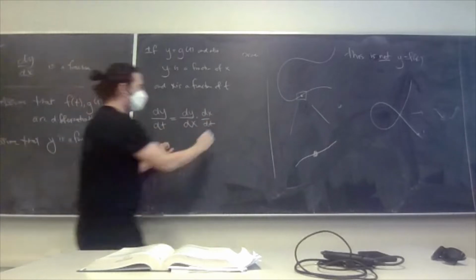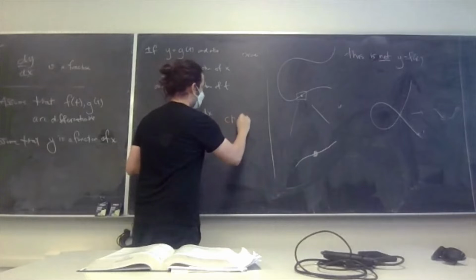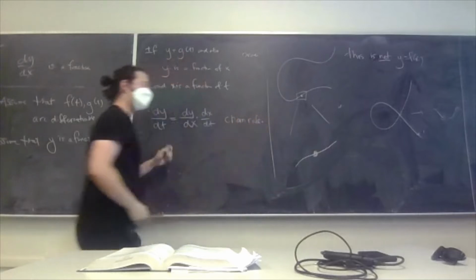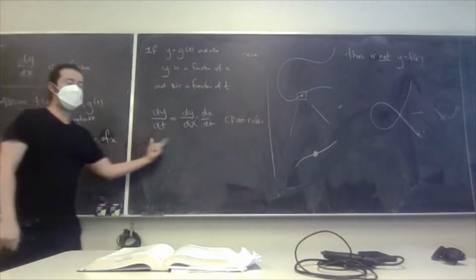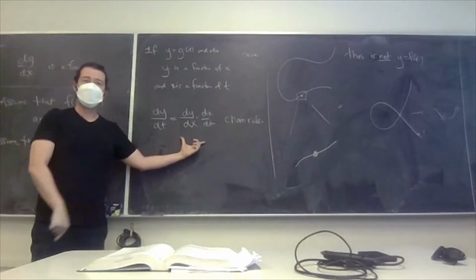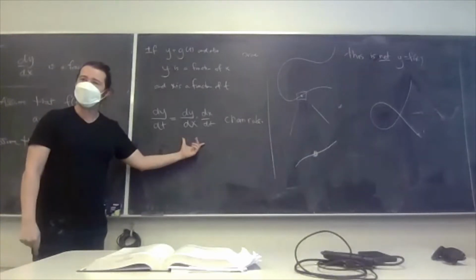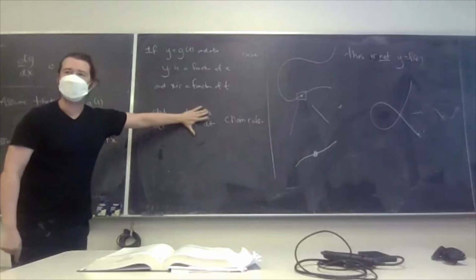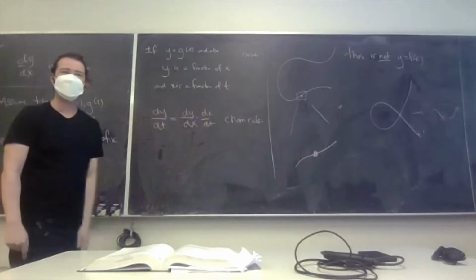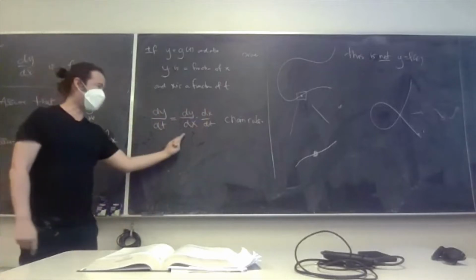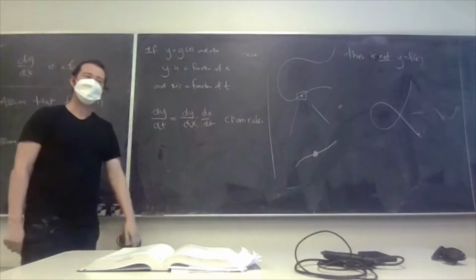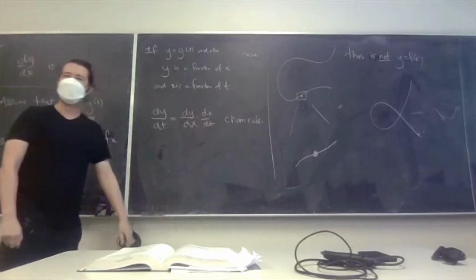So the mathematical justification for this is the chain rule. So the mathematician says the chain rule gives you this equality. This is just the chain rule. The engineer says that's true because the dx is canceled. Right? I mean, there's dx down here and dx, if you cancel, dy dt. All I did was I uncanceled dx on top and bottom.